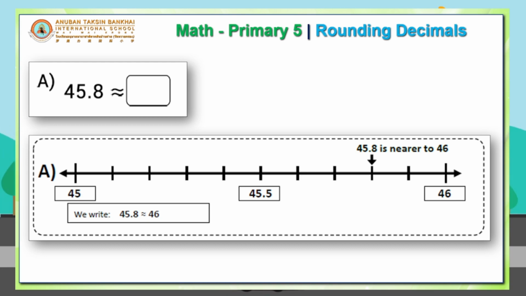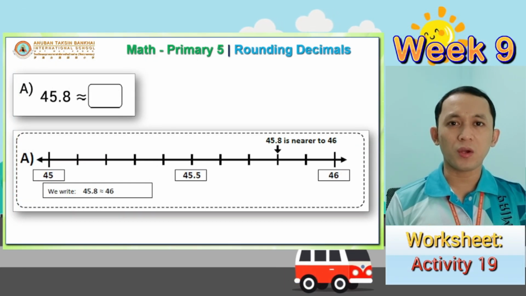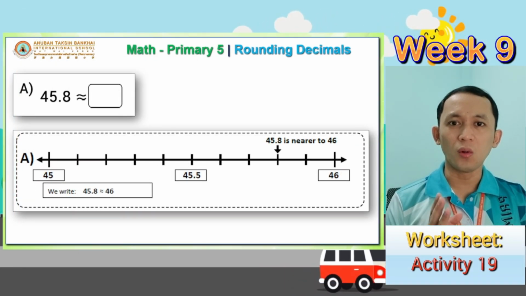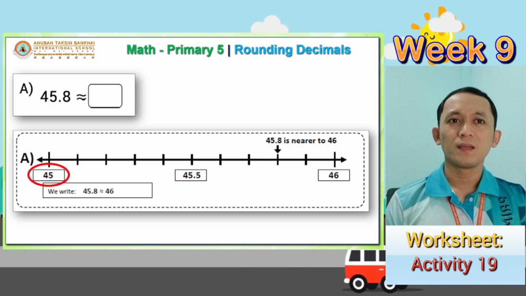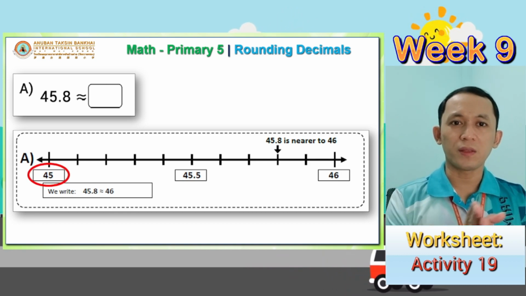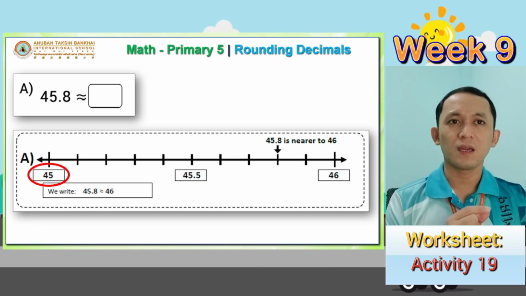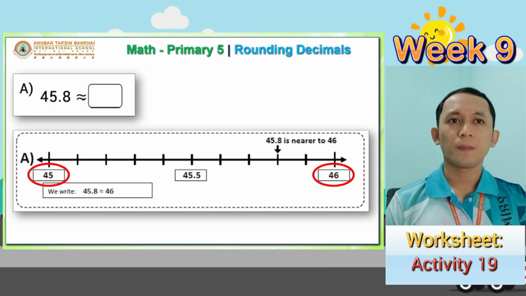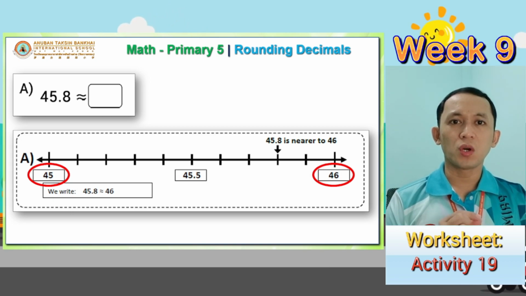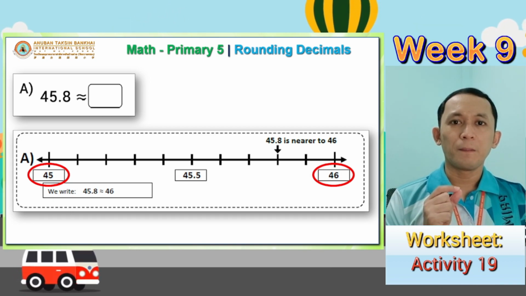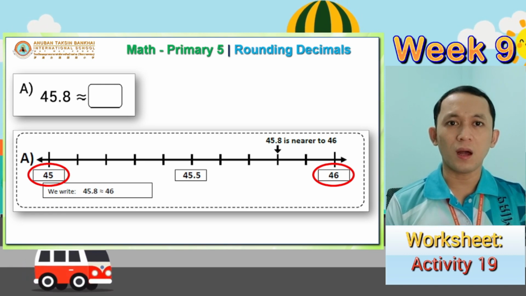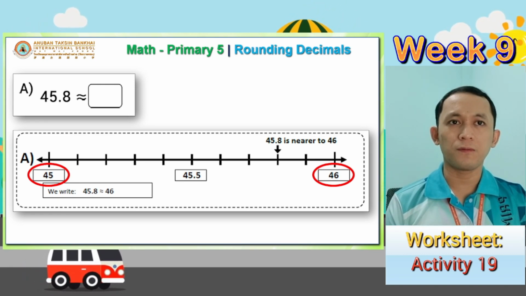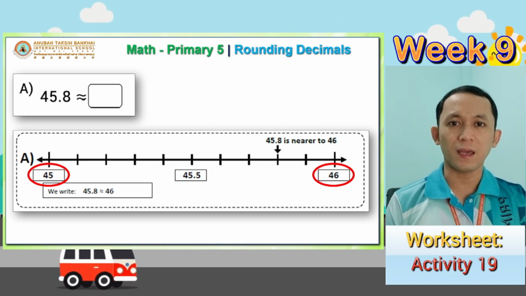Letter A, we have 45.8 is approximately equal to blank. First, we are going to write the whole number. We have 45. Next, on the right side, we're going to write 46. That is the next whole number. And then we are going to write the value of the midpoint. That would be 45.5.